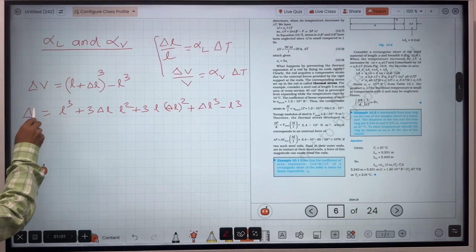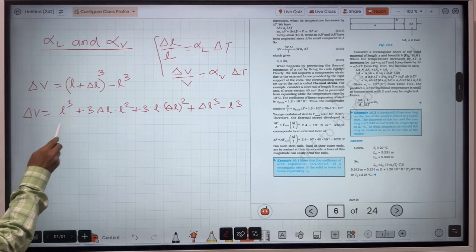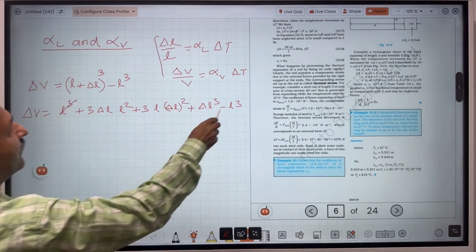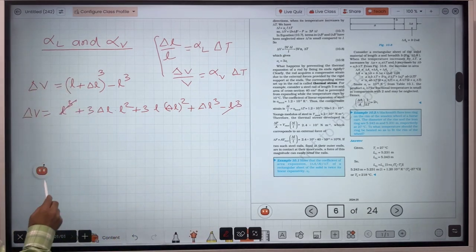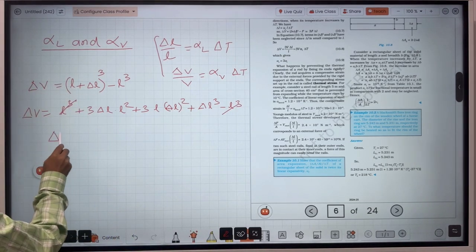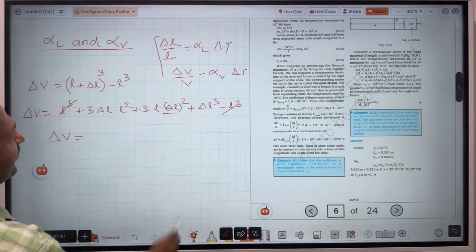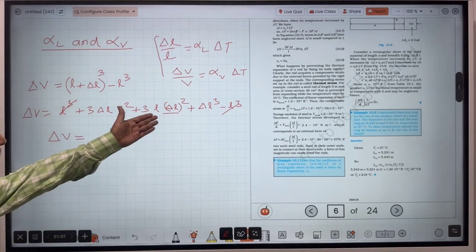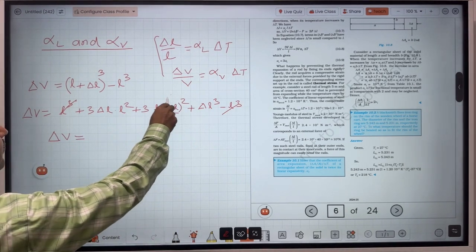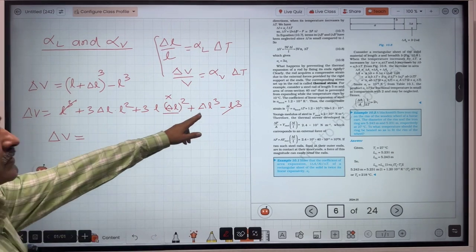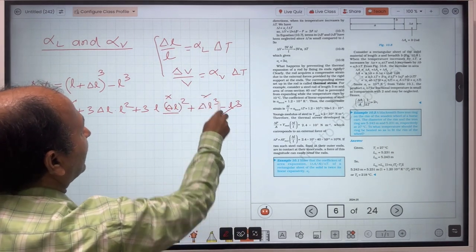Now L cube will cancel out with L cube. So delta V equals, from here, delta L is very small, so the square of it will be further small, so we can ignore it, right? Delta L is small, so its cube will be further small, so we can ignore it.